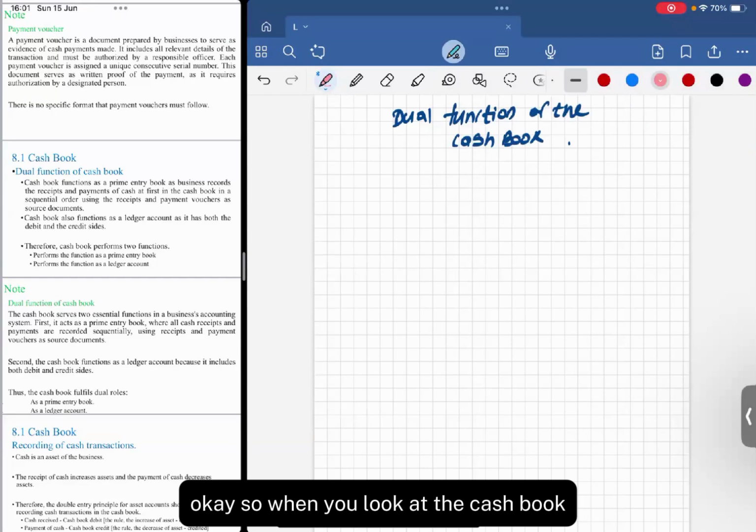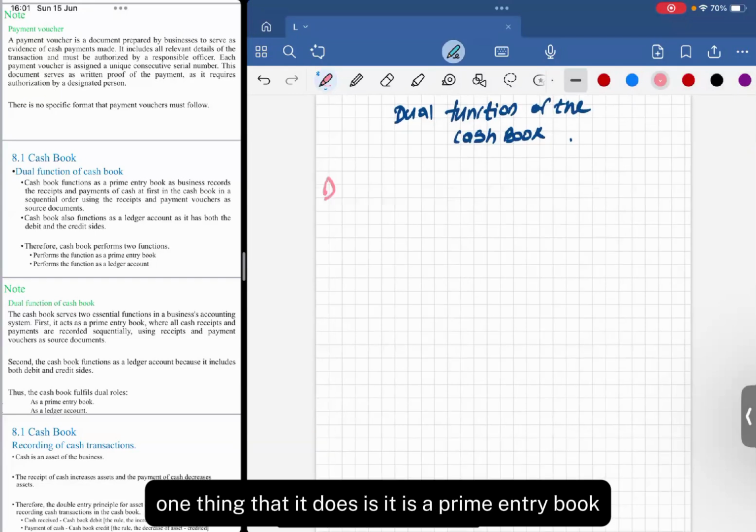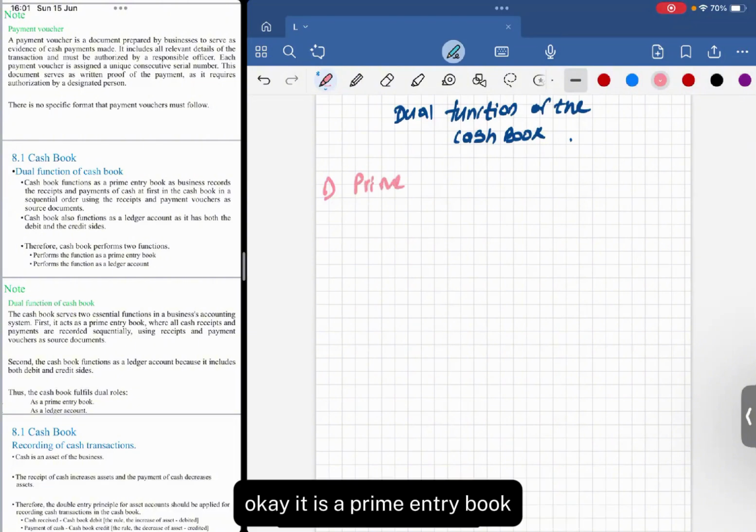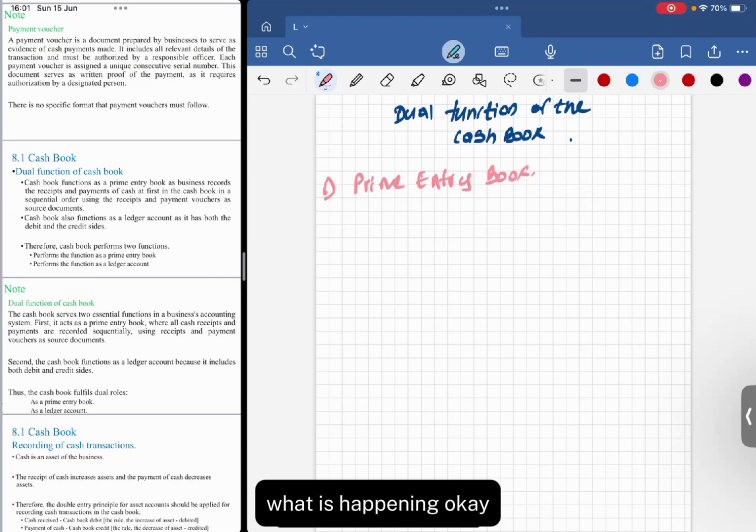When you look at the cash book, one thing that it does is it is a prime entry book. So when you are told it is a prime entry book, what is happening?